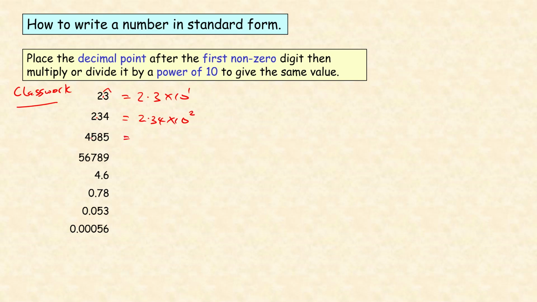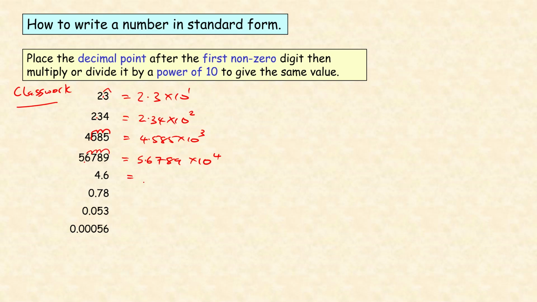Here we got 4.585, counting forward 3 times, 4.585 times 10 to the power of 3. Here, it's going to be 5.6789, looks familiar, 5.6789 times 10 to the power of 1, 2, 3, 4.